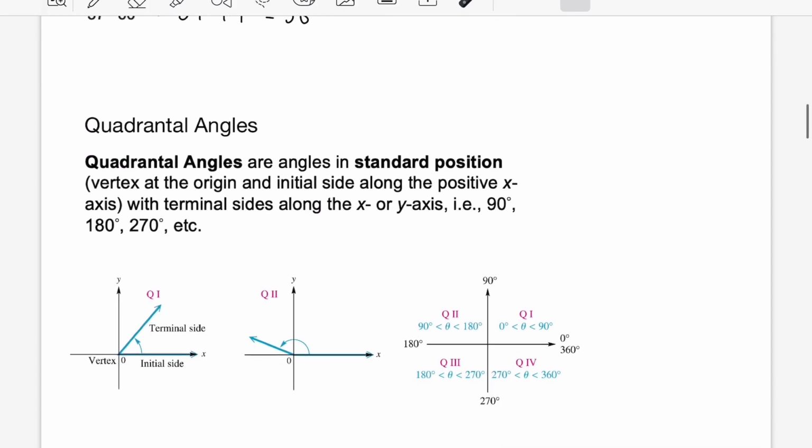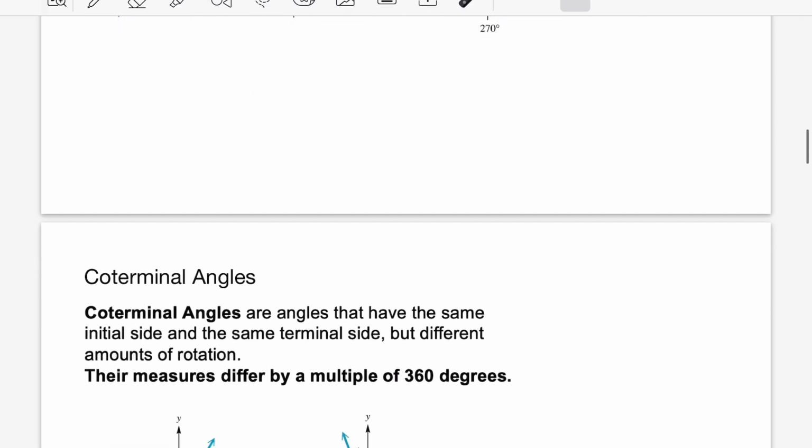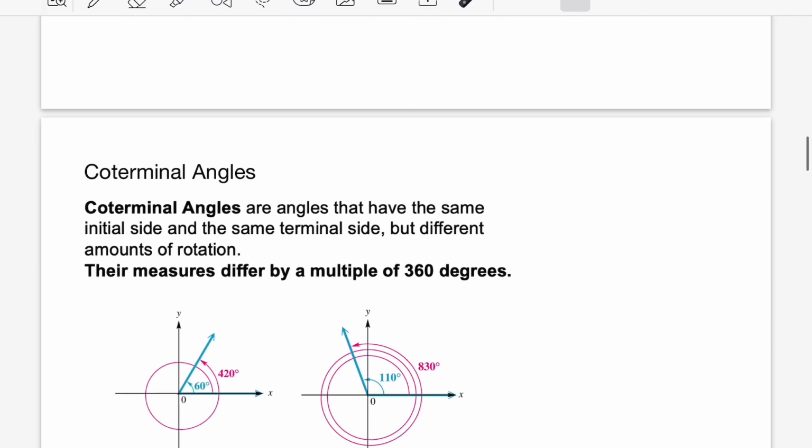Now, another type of angles that we'll see are called coterminal angles. So these are angles that have the same initial side and the same terminal side, but different amounts of rotation. So this means their measure differs by multiples of 360 degrees. So for example here, we have this initial side and this terminal side, and this angle here is 60 degrees.